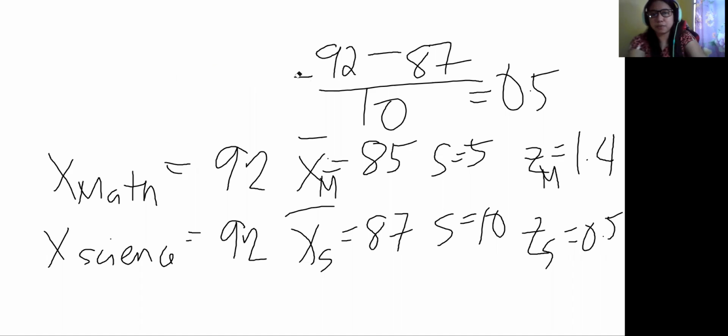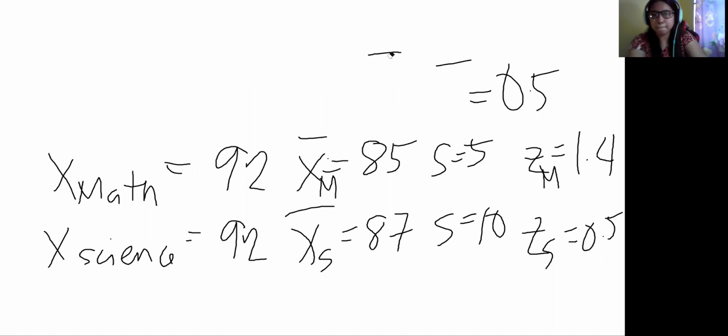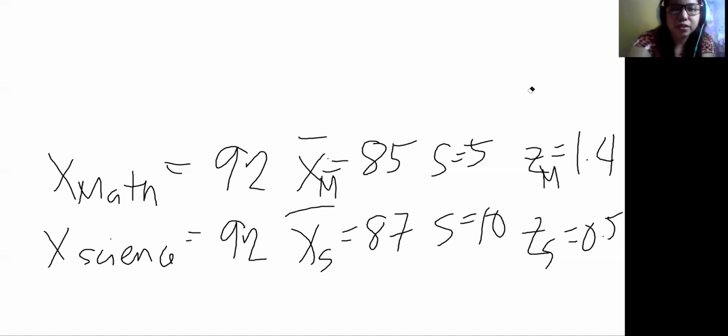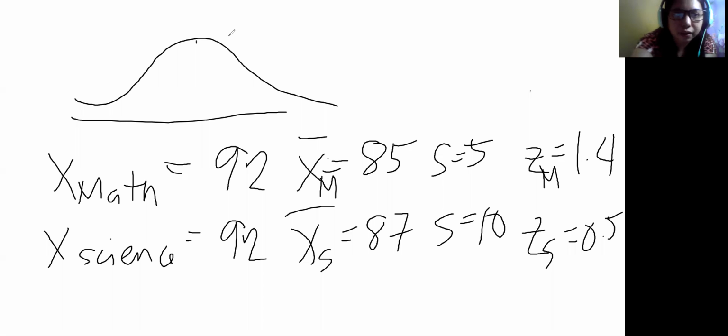Let us remove first our data here so that we can draw our curve. So in our normal curve, this is our normal curve. 0.5 is located at the right side.